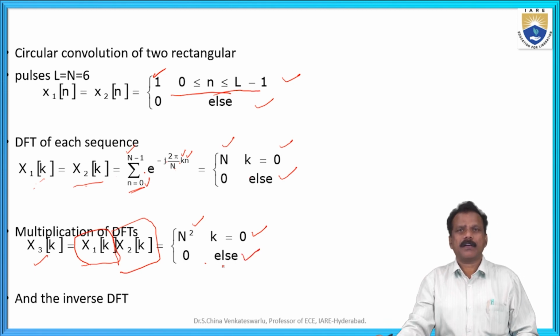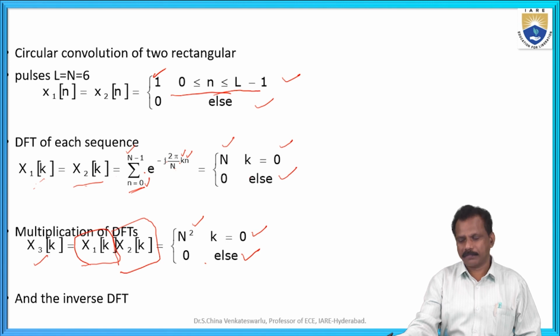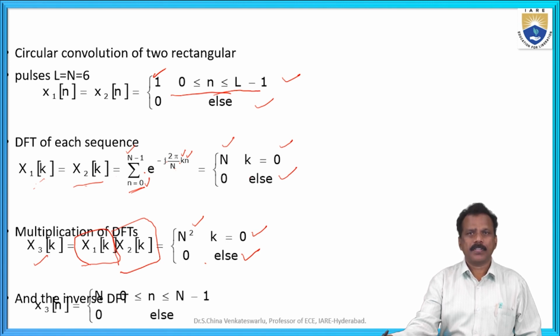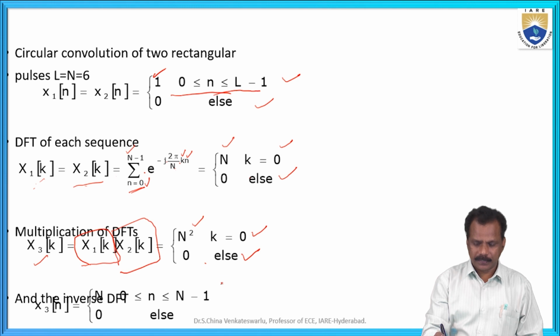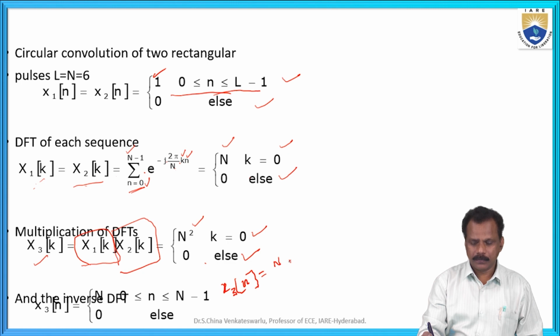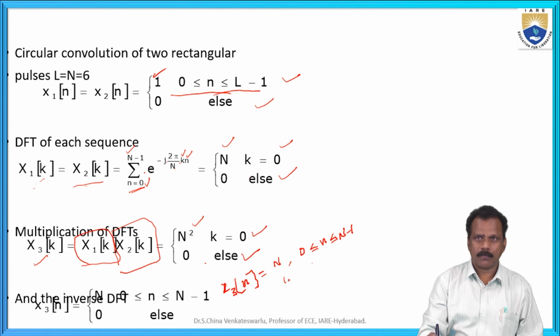Next step is inverse of the DFT, discrete Fourier transform. Here, the inverse of the discrete Fourier transform gives x3 of n equal to N, for 0 less than or equal to n less than or equal to N minus 1, and 0 else.